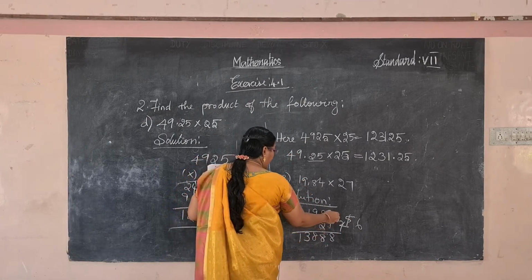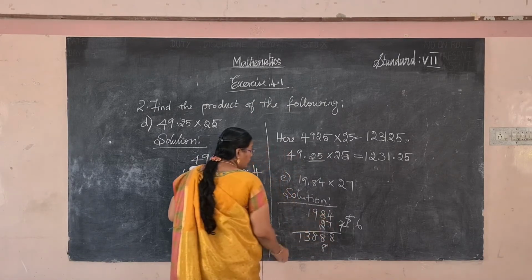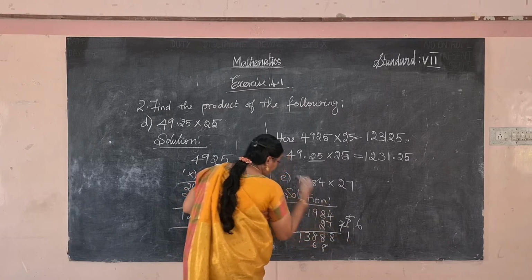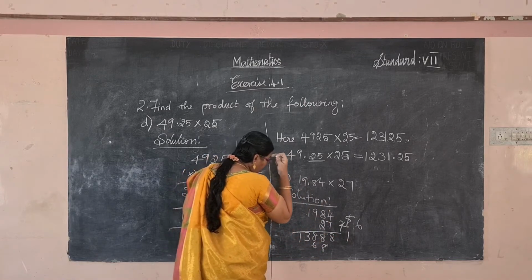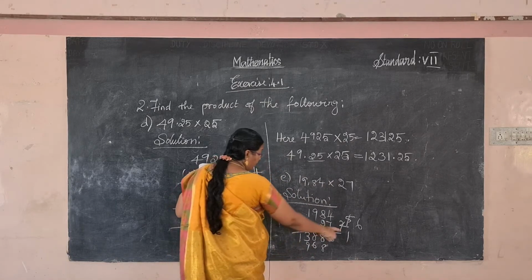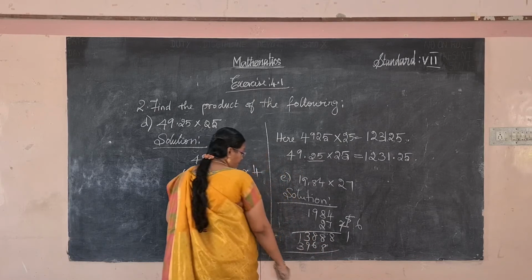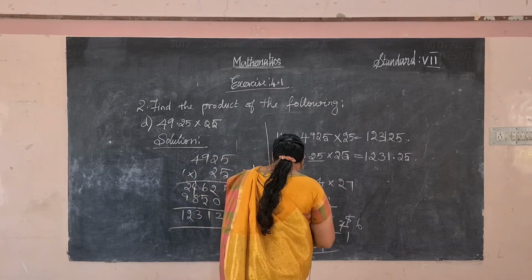Now multiply the next number by 2. 2 4s are 8. 2 8s are 16. 2 9s are 18, 18 plus 1, 19. Remaining 1. 2 1s are 2, 2 plus 1 is 3. Add the values.